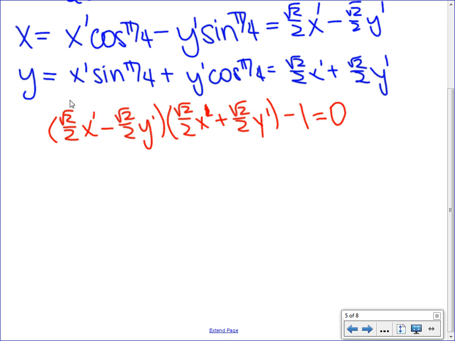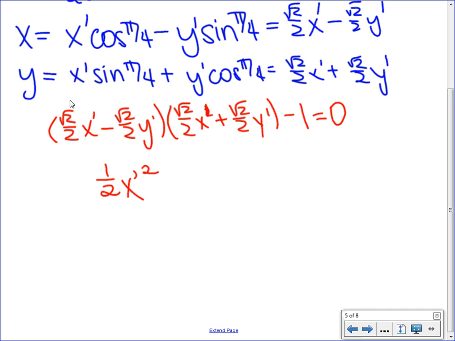We have a difference of squares, don't we? Yep. Okay. So what's this product? Okay. So radical 2 over 2 squared times x prime squared. So radical 2 over 2 times radical 2 over 2 is 1/2.